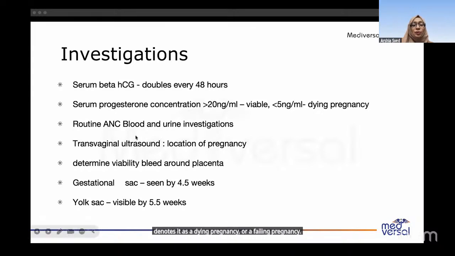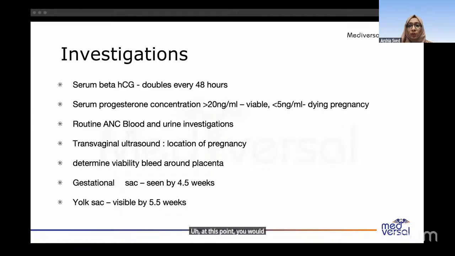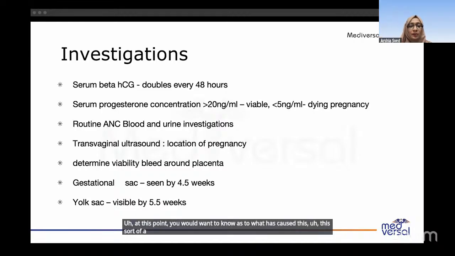Apart from this, you're going to do routine antenatal blood and urine investigations, because at this point you would want to know what has caused this sort of threat.